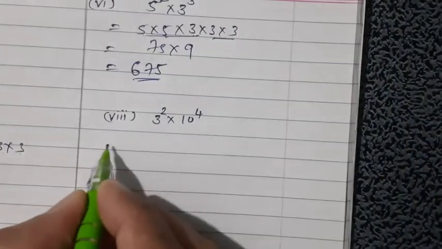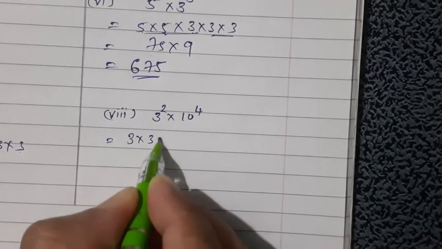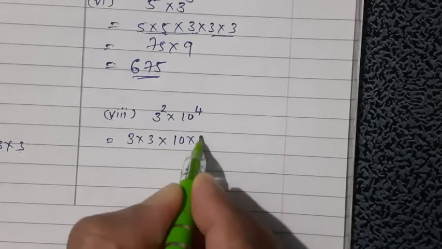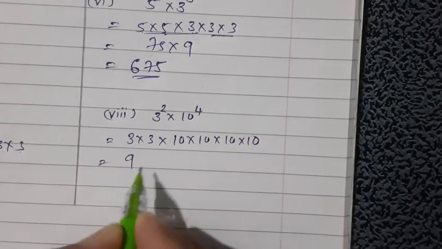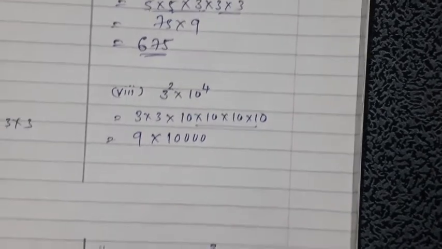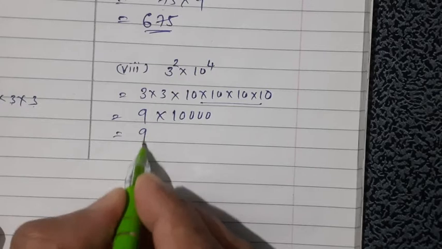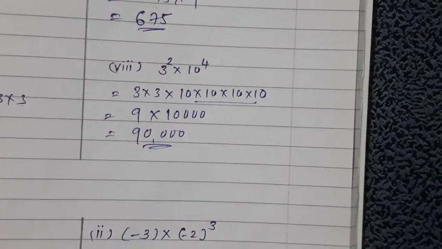And here 3 square and 10 raised to 4. So 3 square means 3 into 3, and 10 raised to 4 means 10 into 10 into 10 into 10. 3 threes are 9, and 10 into 10, 4 times, means 10,000. So 9 into 10,000, 90,000. That's your answer.